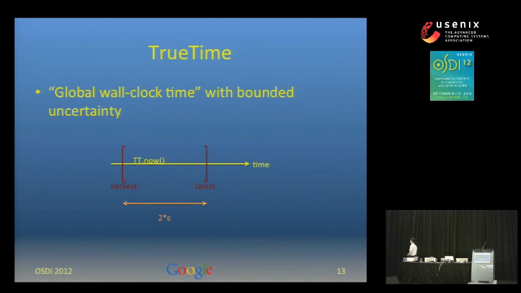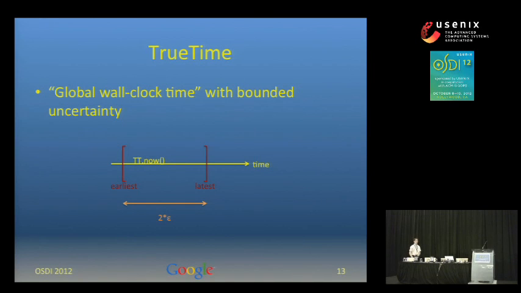So what is guaranteed by TrueTime is that earliest is guaranteed to be a time less than or equal to the time at which the event of calling now happened. And latest is a time that's guaranteed to be at or later than the time of the event of calling now. Okay, that's a very strong invariant.